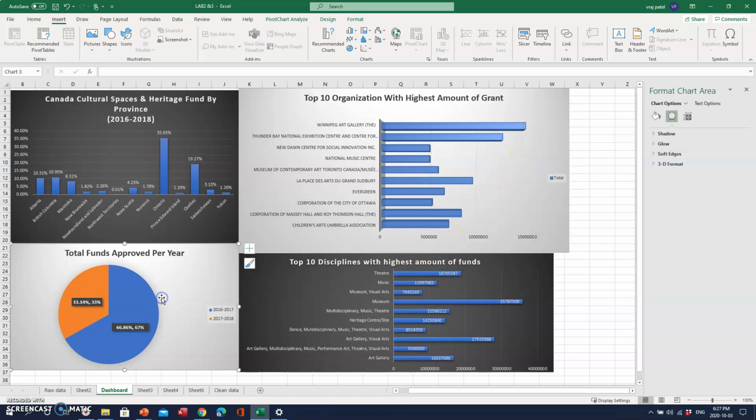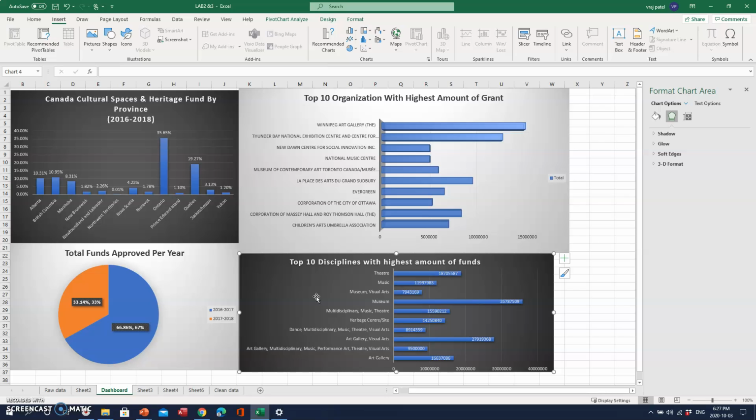And the third one shows the difference between the 2 years, 2016-17 and 17-18. 2016-17 got 66% of the grant across both years, and 33% was for 2017-18. And last but not least, the fourth one shows the top 10 disciplines with the highest amount of funds.